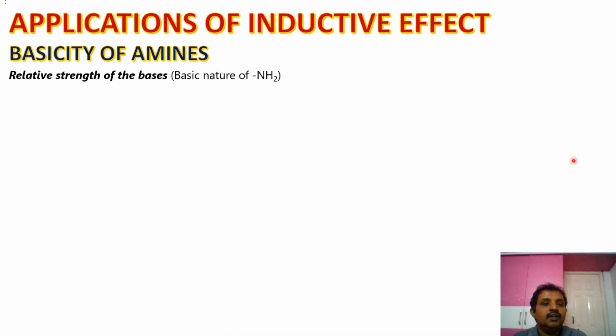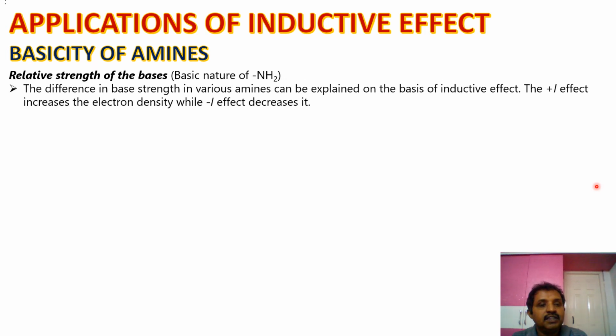Here, relative strength of bases. The difference in the base strength in the various amines can be explained on the basis of the inductive effect. Alkyl groups show the positive inductive effect, which increases the electron density on the nitrogen atom.